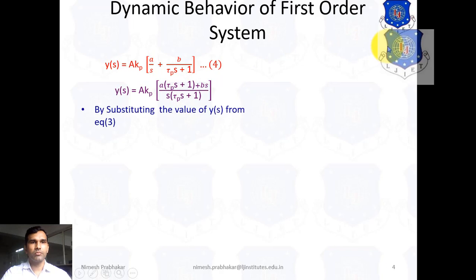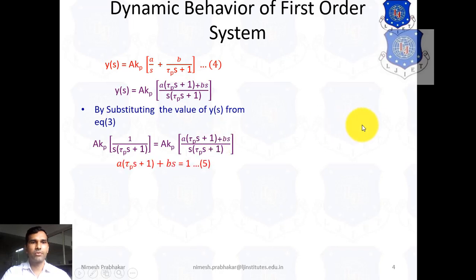Now, by substituting the value of Y of s from equation number 3, we get A Kp into 1 upon s into tau p s plus 1 is equal to A Kp into this equation. Now we can compare this equation. By comparing, we can write A into tau p s plus 1 plus B s is equal to 1.